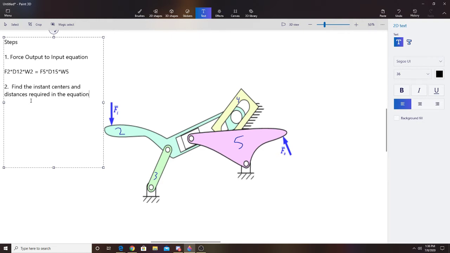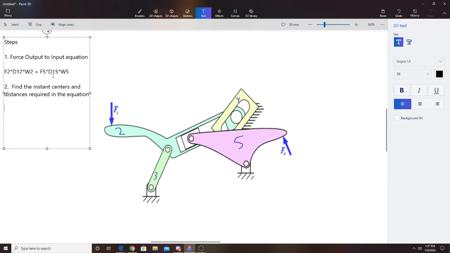I agree with that. So what we have to do is find D12 and D15, right? But remember, this equation right here is not the final form. It is F5 over F2, so you move this to the other side and move this all the way over here. So it should be D12 times W2 divided by D15 times W5, right? Whenever you simplify for F5 over F2, once you have that, that is mechanical advantage: output over input.